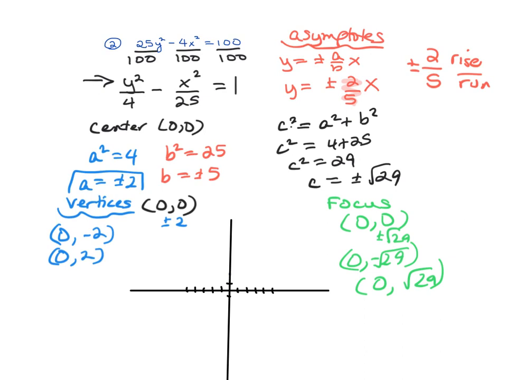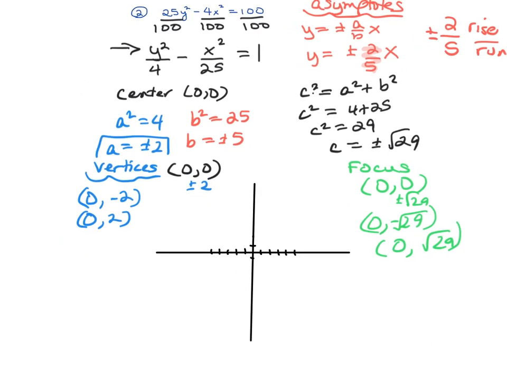Also remember, when it's the y squared first, your graph is going to look like the U and the upside down U. Let's go ahead and get the vertices on here. I've got one at +2 and -2 on the y-axis, so I have one here and here.